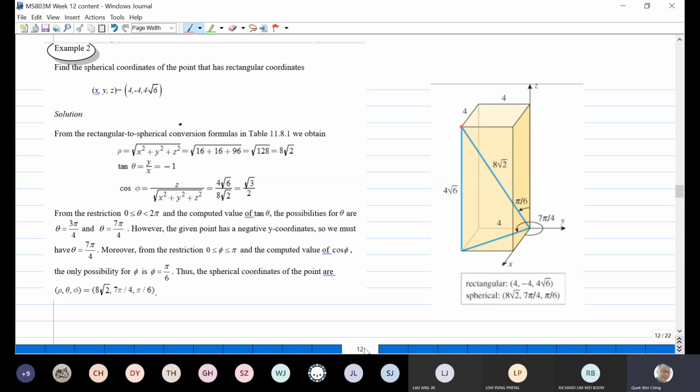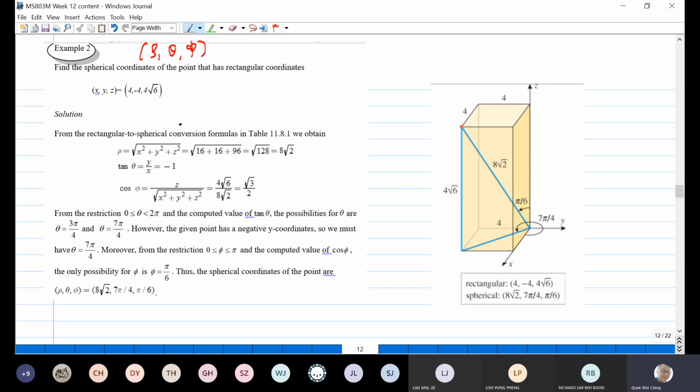Example 2: find the spherical coordinates if you know x, y, z now. So x, y, z is 4, minus 4, 4 square root 6. I want the spherical coordinates, which are rho, theta, phi.